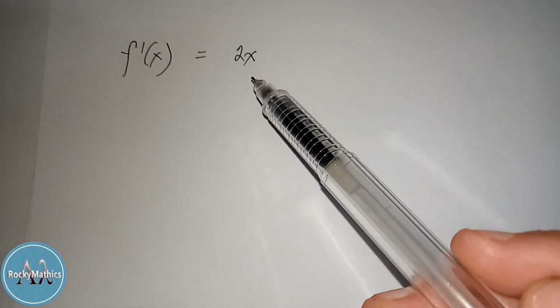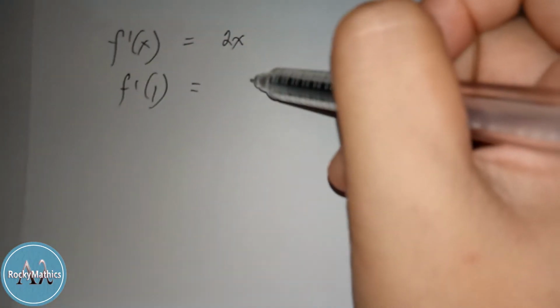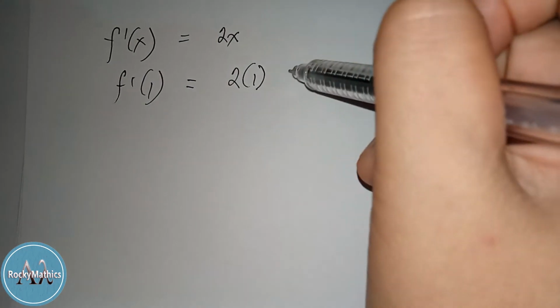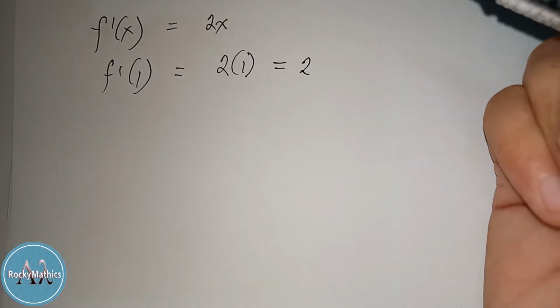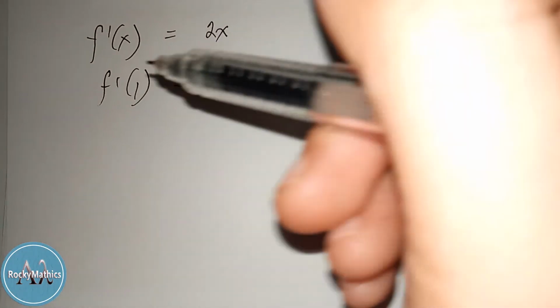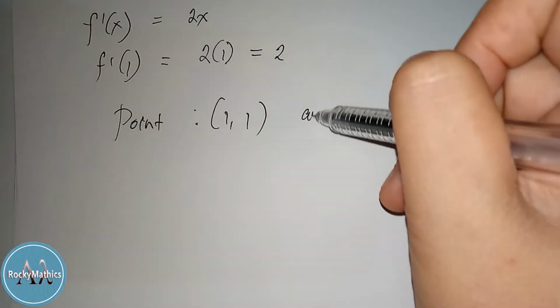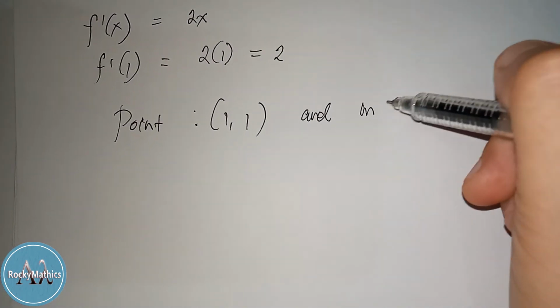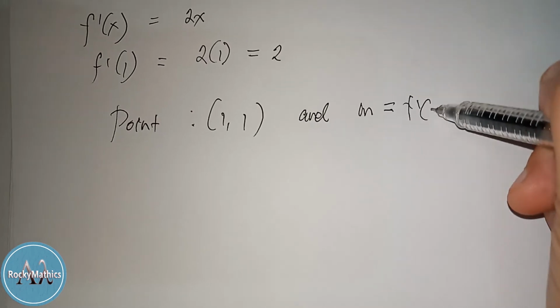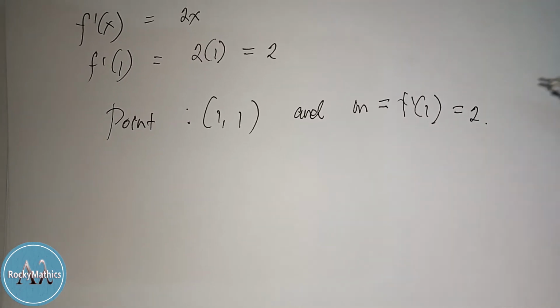So we have f prime of 1 is equal to 2 times 1, which is equal to 2. So in other words, we have the point (1, 1) and slope m, which is f prime of 1, equal to 2.